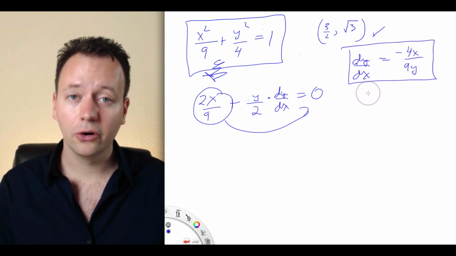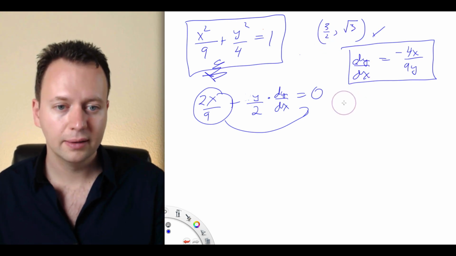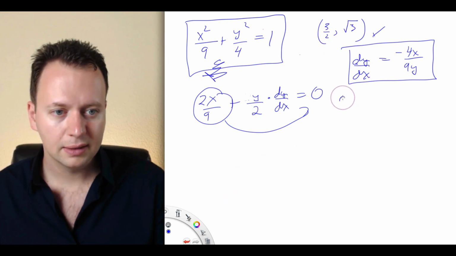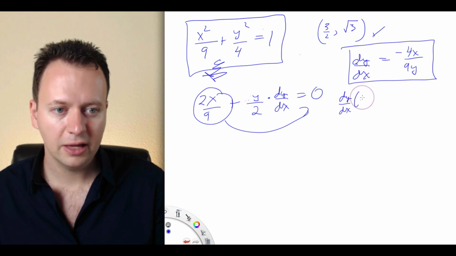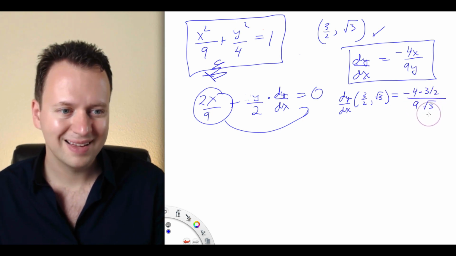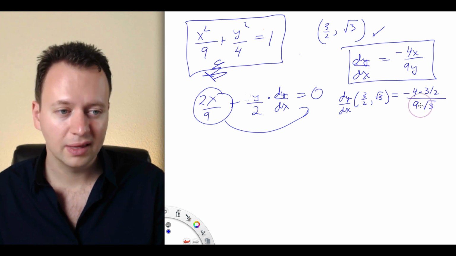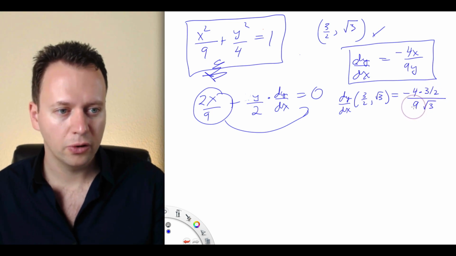So in particular, the derivative evaluated at the point 3/2, comma, root 3, so we can write this as dy dx evaluated at 3/2, comma, root 3 is going to be minus 4 times 3 over 2 divided by root 3 times 9, so 9 square root of 3. The 3 over 3, there's 2 factors of 3 in the 9, so 3/9 is 1/3.